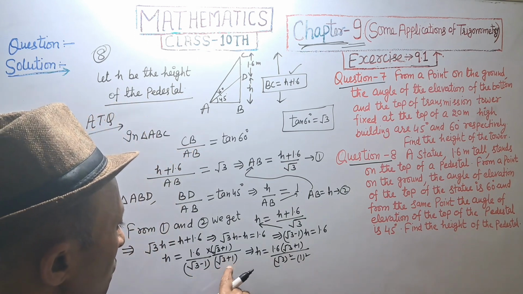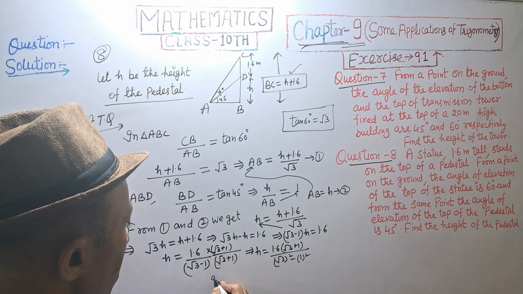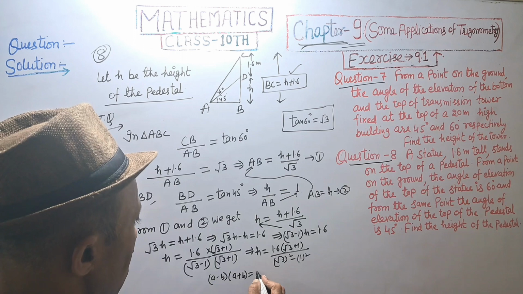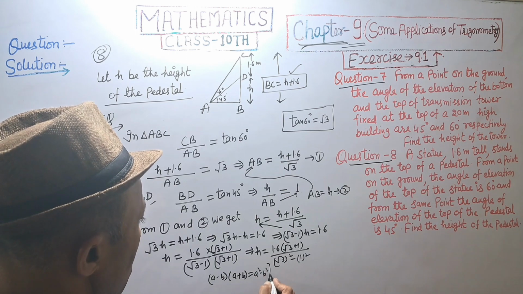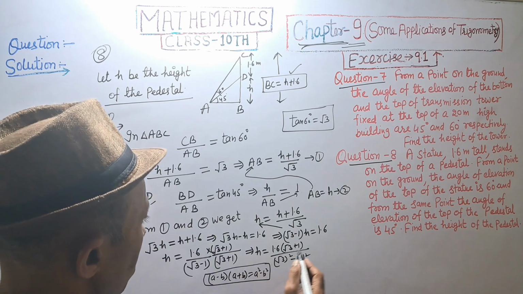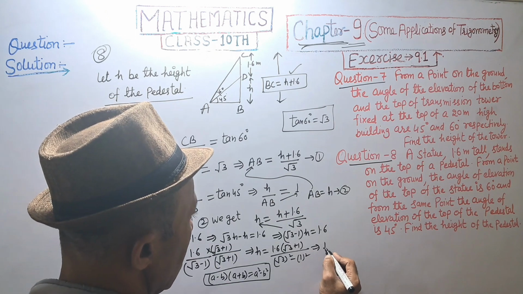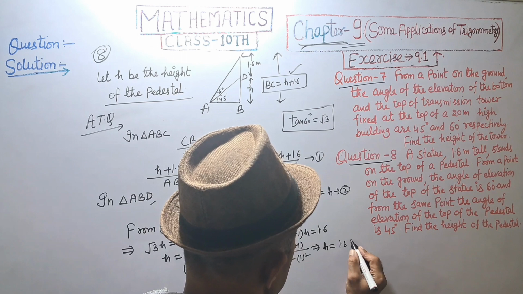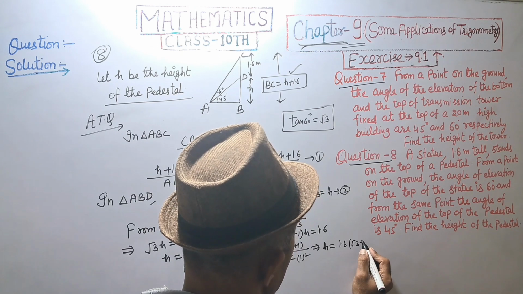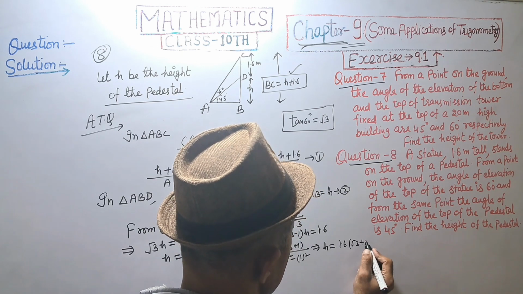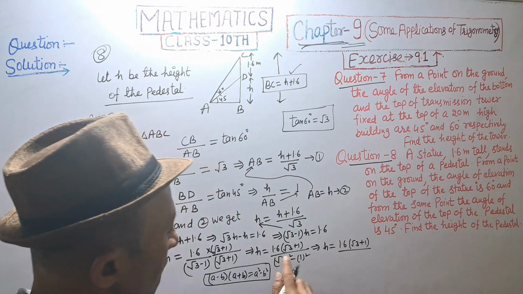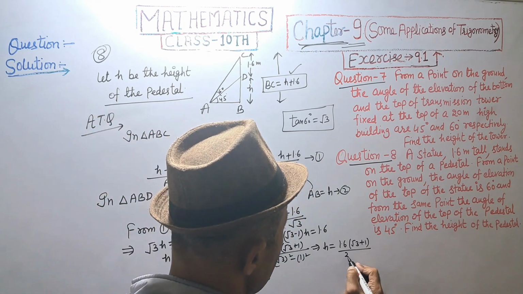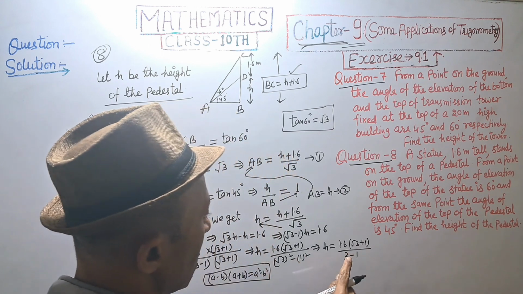A minus b into a plus b is equal to a square minus b square. This implies h is equal to 1.6 root 3 plus 1 divided by root 3 square, the square root is cancelled, 3 minus 1.